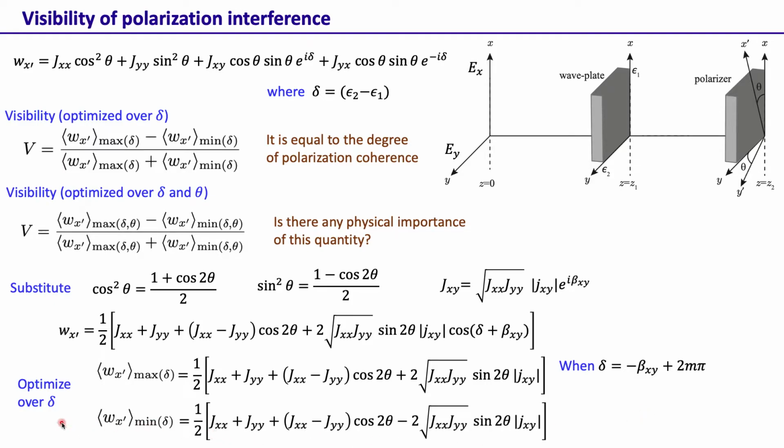Simple. Similarly, we can optimize it over delta such that Wx prime is minimum, and in that case this is the expression. Here we just put in the minus, that means we have taken cosine delta plus beta xy to be minus 1. That's when it is minimum, and that's the quantity we get. The condition for this would be delta equal to minus beta xy plus twice m plus 1 pi, where m is 0, 1, 2, an integer. So these are the expressions for the maximum and the minimum of Wx prime.